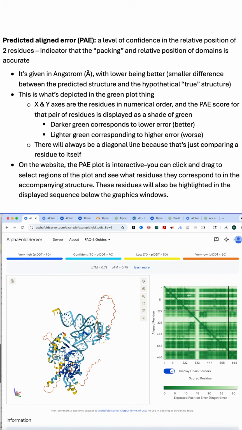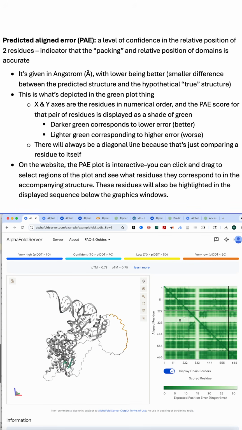To illustrate what I mean, thankfully, they make it easy because these plots are interactive. On the X and the Y axes, you're going to see the individual residues, the numbering of them, plotted out. And so this is saying, okay, if we compare position 222 with position 333, what do we see? Well, we see that they're over here, and we have this white region.